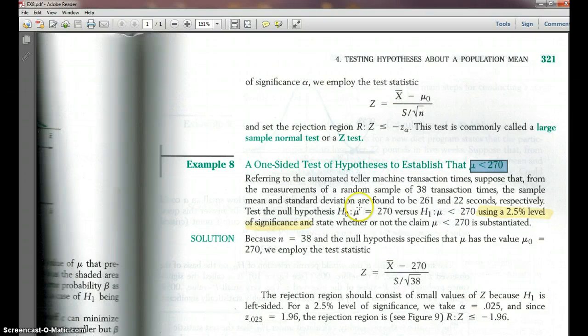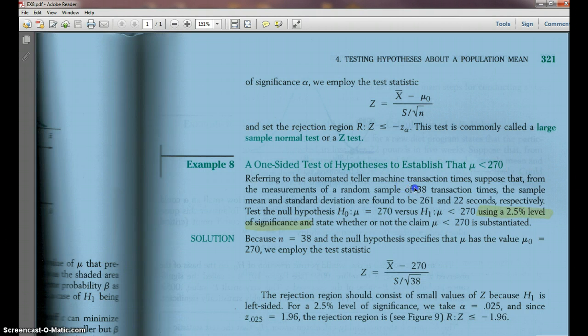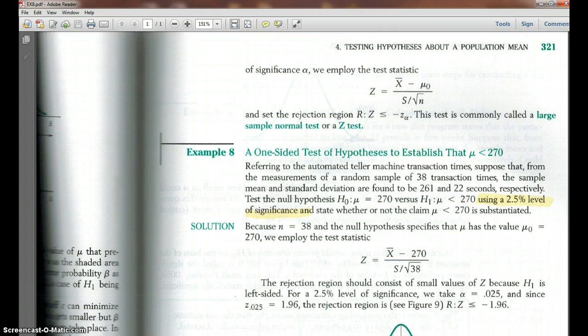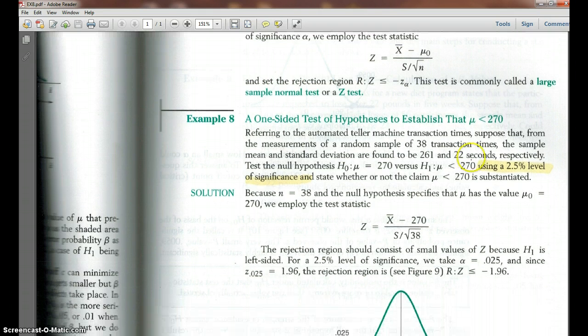So we recorded 38 transaction times of the teller machine, and we can use the formula we did before to add all the transaction times and divide by 38. So that's the sample average. Suppose we found the sample average time is some certain number.